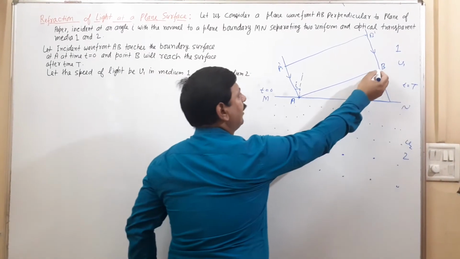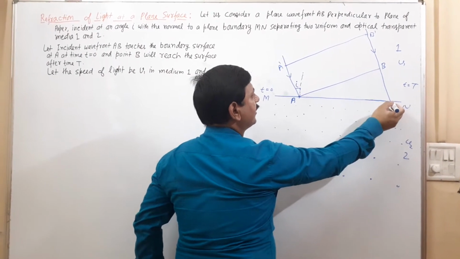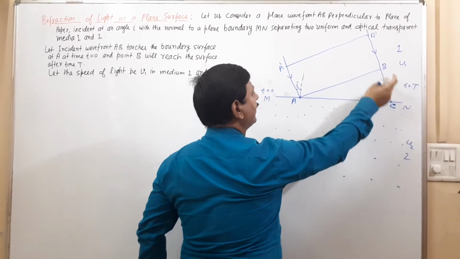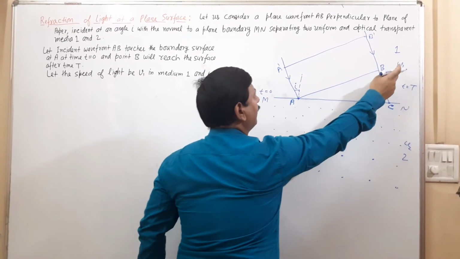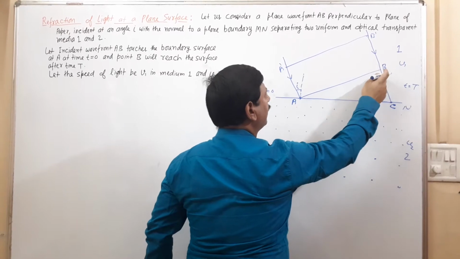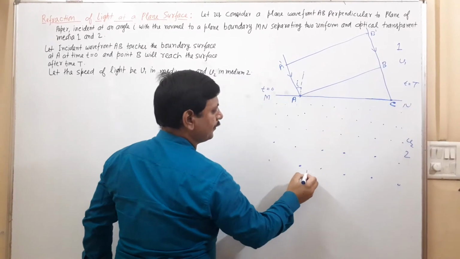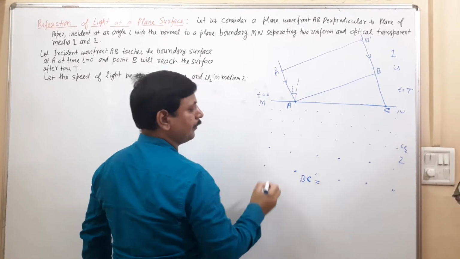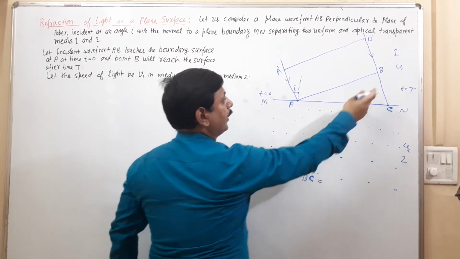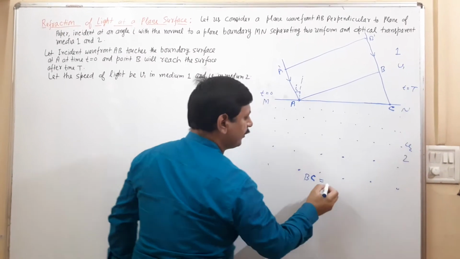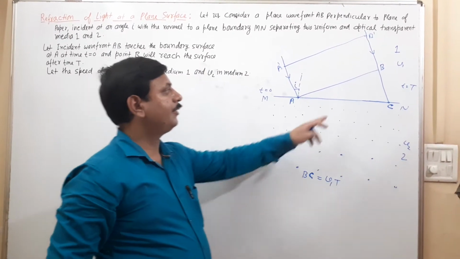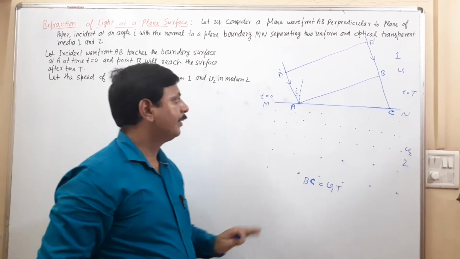See here, B will reach this point, suppose I have taken C. So B will reach C after time t with velocity V1. So what will be BC? BC is equal to velocity V1 times t. The value of BC will be V1t.